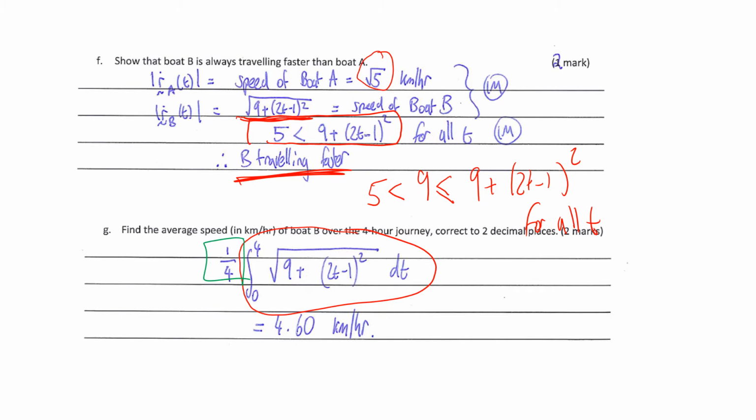And of course, it's your component for r dot squared. This is for boat B, by the way. And there's your component for r dot in the j direction. We square them, we take the square root, you run it through your calculator. It turns out to be 4.6 kilometers per hour, 4.60 correct to 2 decimal places. All right, hopefully that's all good. So that was question 1. It was done okay, let's say.